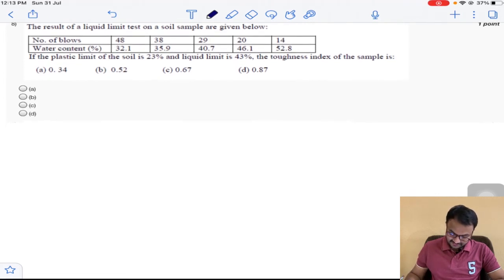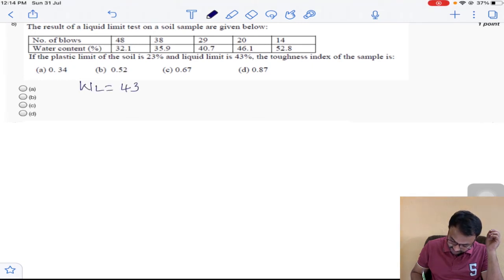Here he has given the table. The results of a liquid limit test on a sample are given below. He has given the number of blows and the water content corresponding to the number of blows: 48, 38, 29, 20, 14 and 32.1, 35.8, 40.7. Along with this table he has also given the liquid limit, 43%, and the plastic limit, 23%.